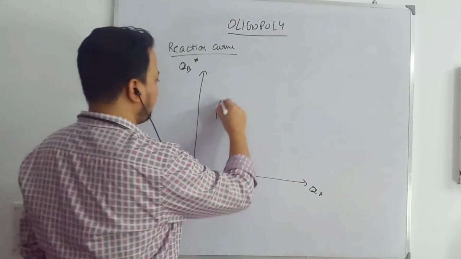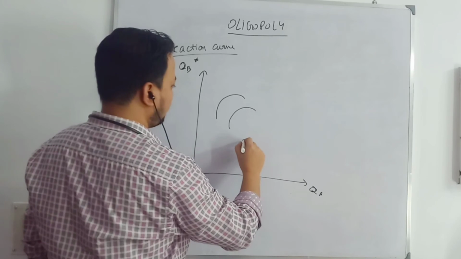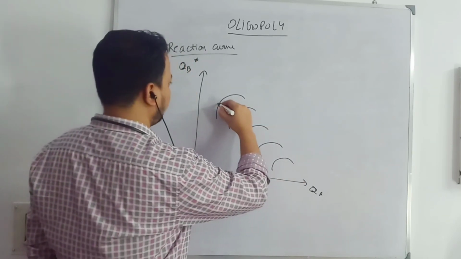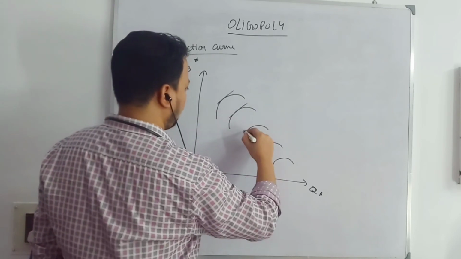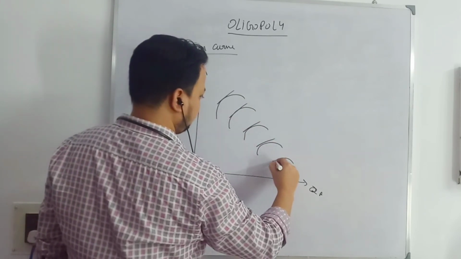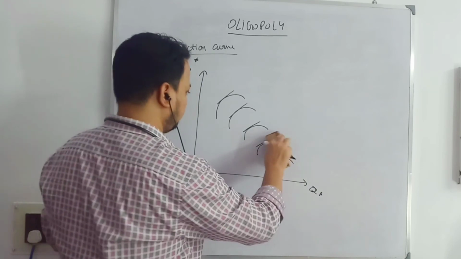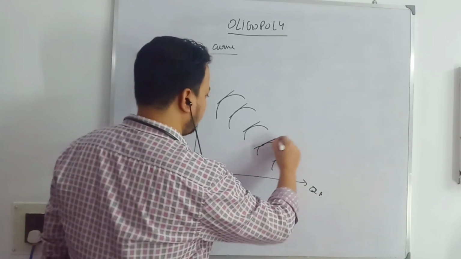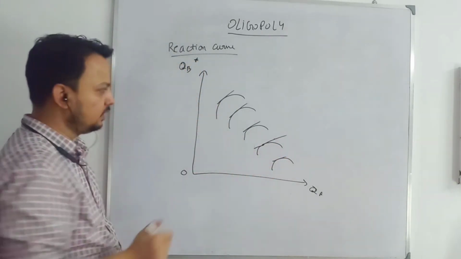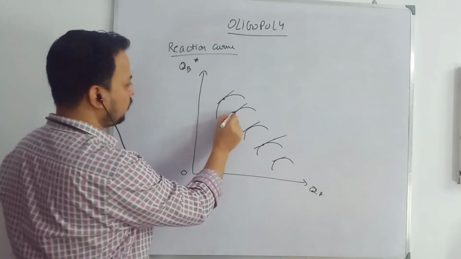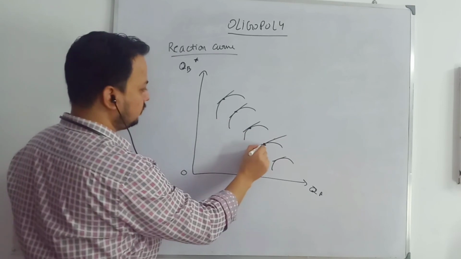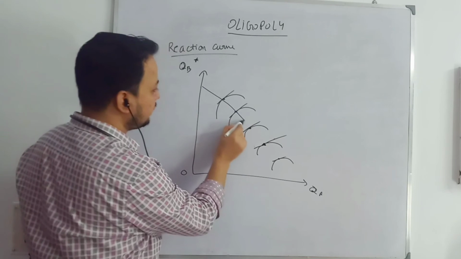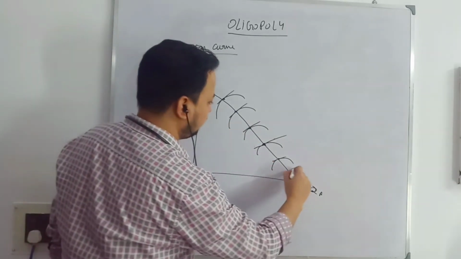So I am drawing a family of isoprofit curves, and I am taking the highest point of each isoprofit curve, because at the highest point the isoprofit curve will shift. Joining this locus of combinations of the highest points of successive isoprofit curves, I will get the reaction curve of firm A.